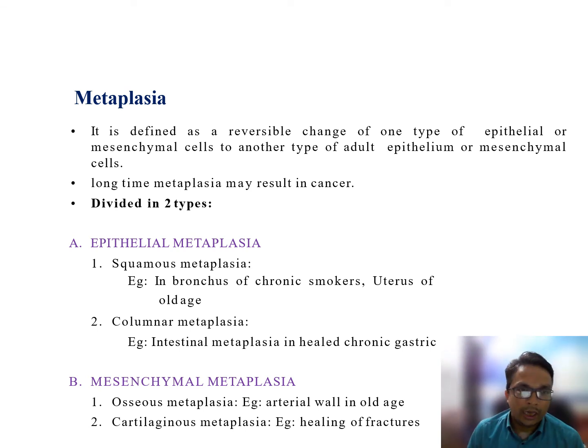You will observe that the mesenchymal cells of the arterial wall are converted, or there is a deposition of severe calcium, and because of that the contractility of the cells present over the arterial wall of old age people is quite reduced, and because of that a threshold is achieved.